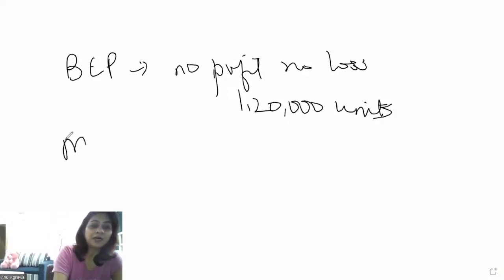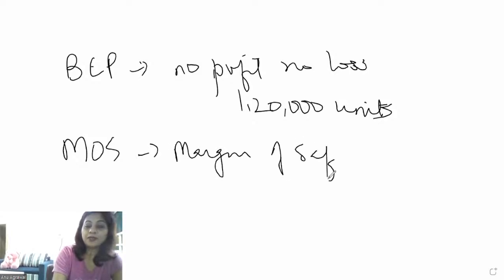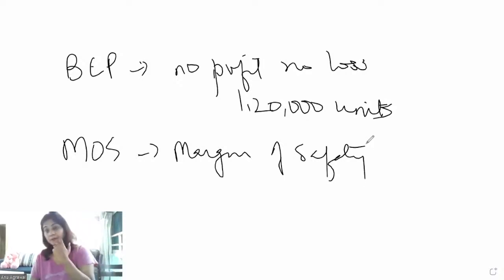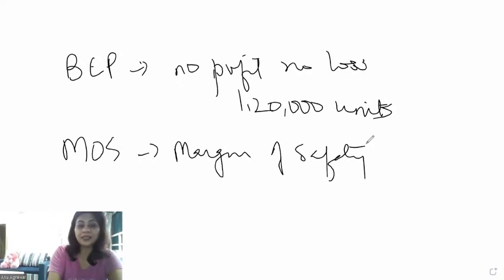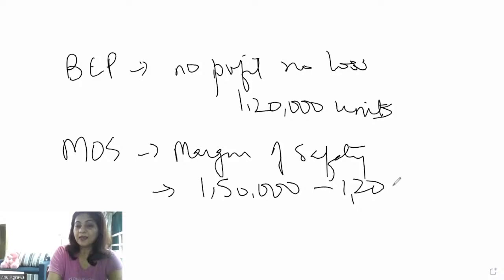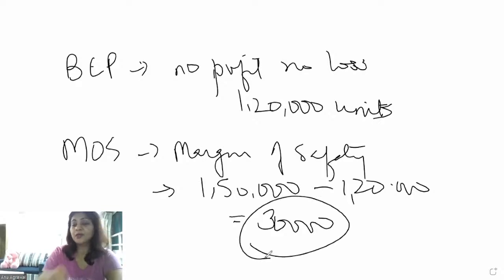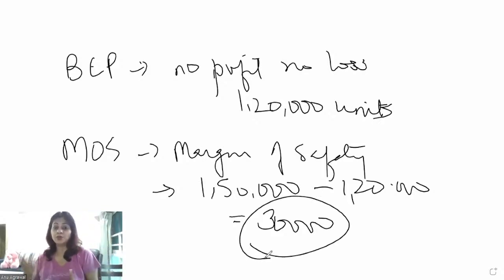If I ask what is margin of safety, margin of safety means a point where you earn profits. So you will say, ma'am, 1,50,000 units when you were selling minus 1,20,000 units, because they are the break-even units. 30,000 units were your margin of safety, because at those units you were earning profit.